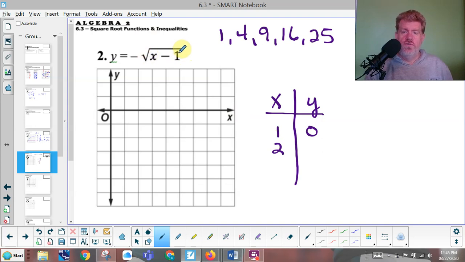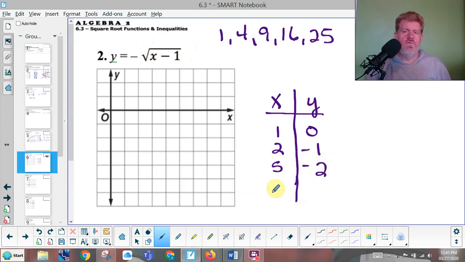The square root of 1 is 1. So it'd be negative square root of 1. 3 would give me a 2. 4 would give me a 3. 5 would give me a 4. If I plugged in 5 for x, 5 minus 1 is 4. Square root of 4 is 2, and that makes it negative 2.